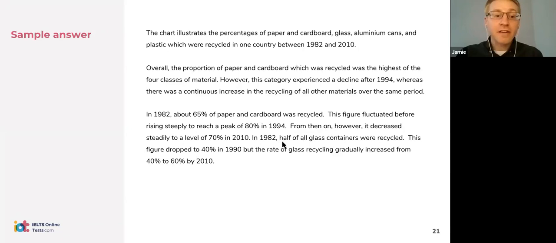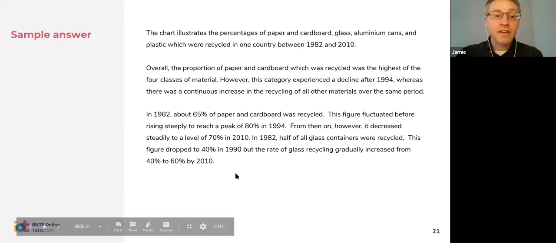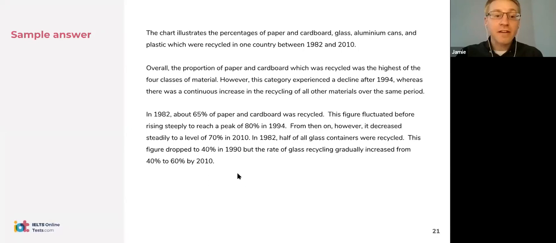So here I've described two of the key trends in the graph. In my final paragraph, I'll describe the remaining information. Firstly, aluminium cans. Aluminium cans were first recycled in 1986, starting at about 5%.